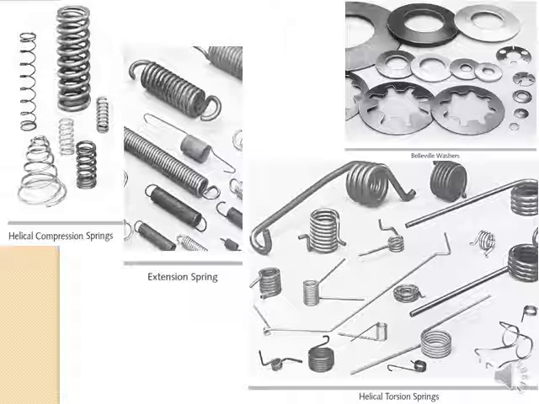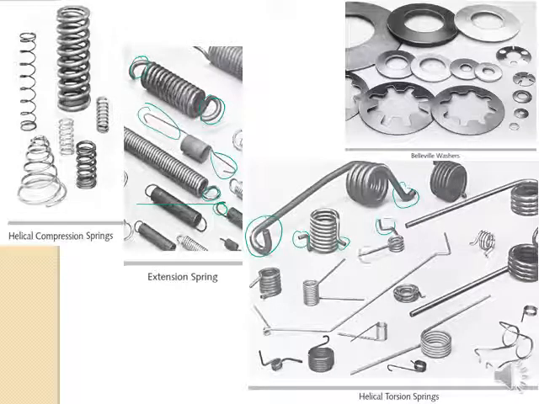You will see over here the extension spring, different types of ends: short hook, long hook, closed hook, right? Open hook, and all this depends on the application, where you want to use it. You can see again helical torsional springs, and you look at the ends to apply the torsional load, right?